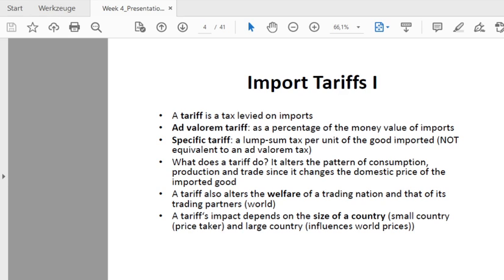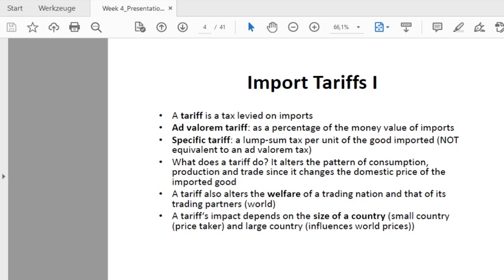A tariff also alters the welfare of a whole country and that of its trading partners. So if we levy a tariff in South Africa, this tariff has a welfare effect on South Africa and on all trading partners of South Africa that might have an interest in that good or in intermediate products that we need to produce that good.